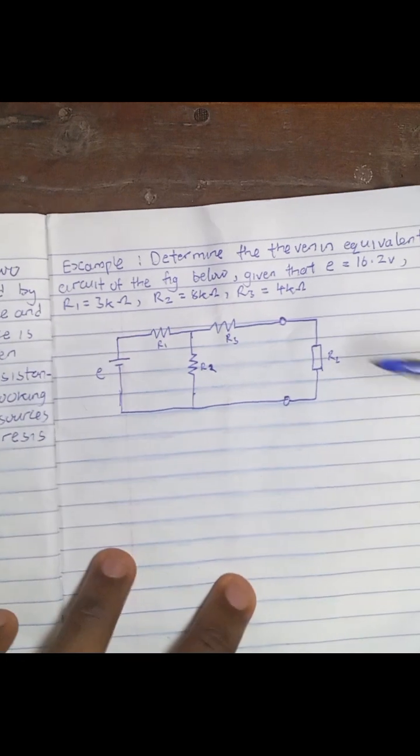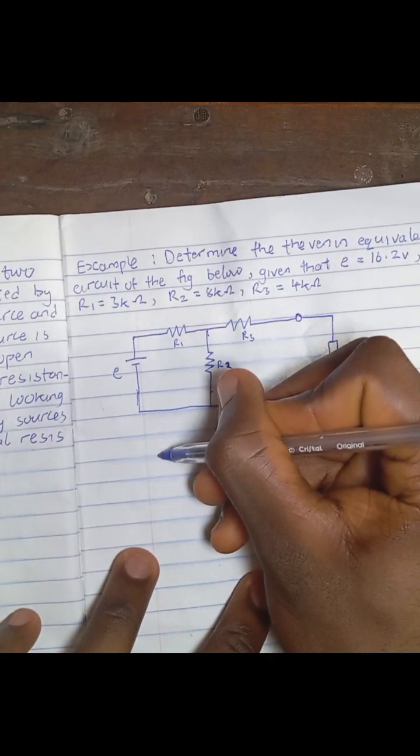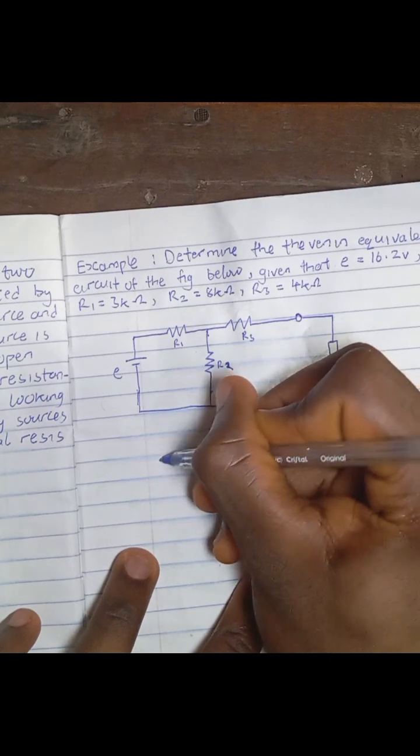So when simplifying using Thevenin theorem, we will not actually need the load at the start. So in doing so, we will just rewrite this down.